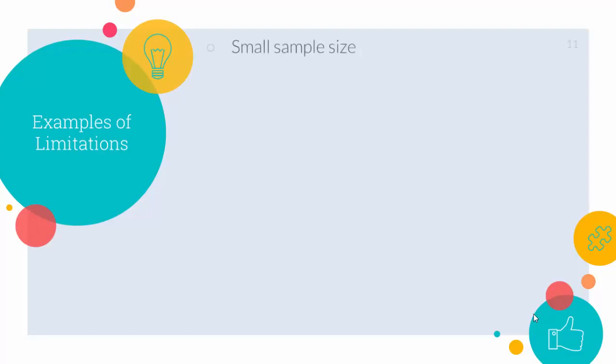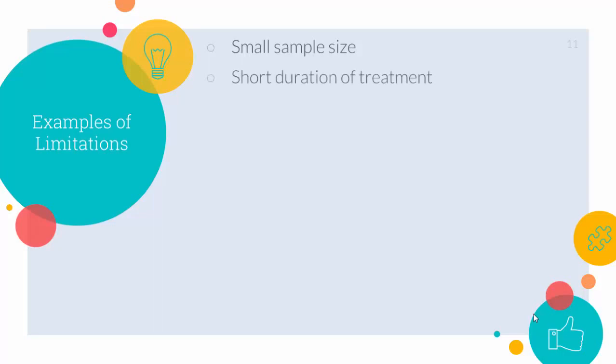And here are examples of limitations. Scientifically speaking, even if you study an entire district, we're still dealing with a small sample size. And if we move down to individual classrooms or individual grade levels, it's even smaller. And as you know, the smaller the sample size, the less reliable your results. So the small sample size is definitely a limitation.